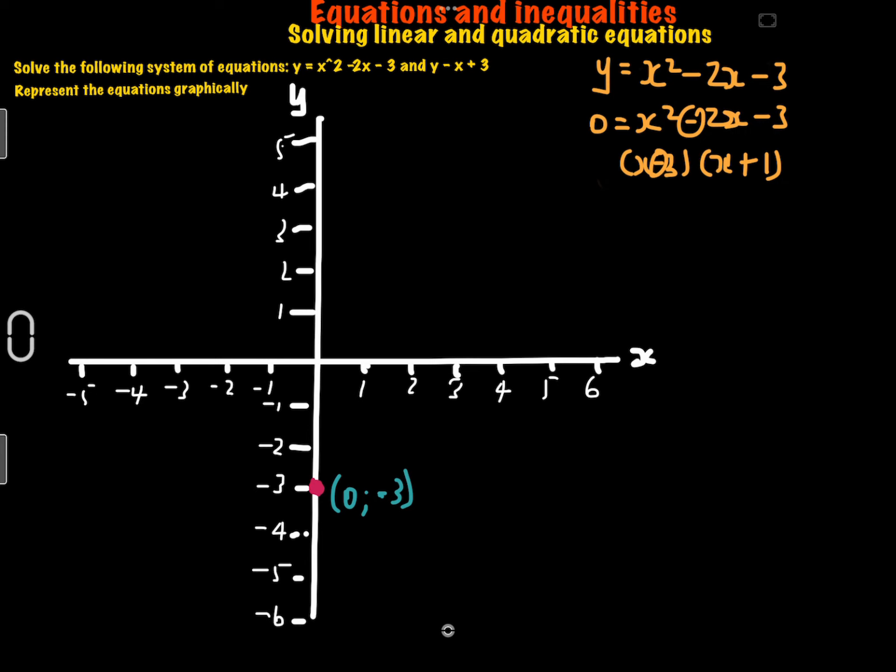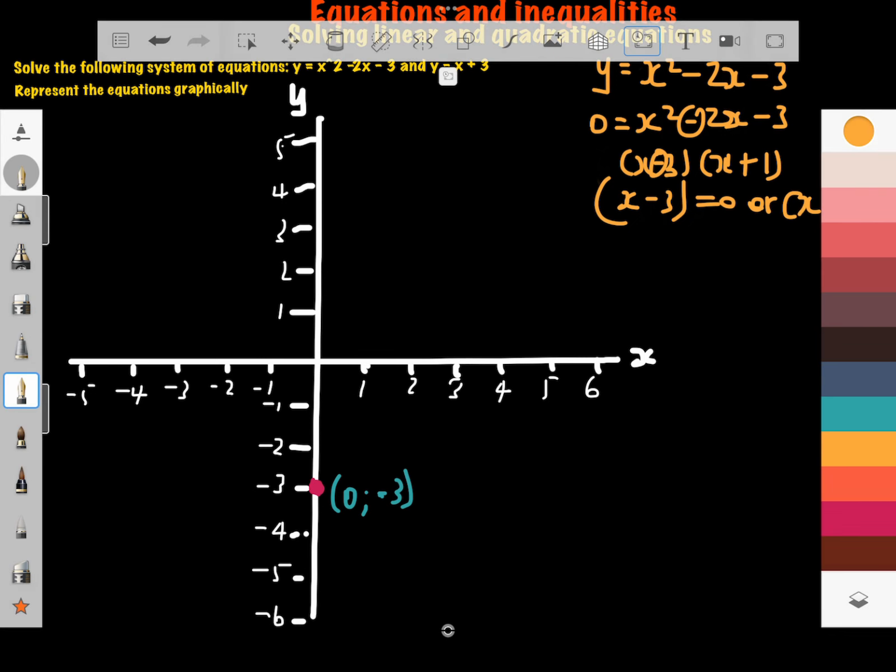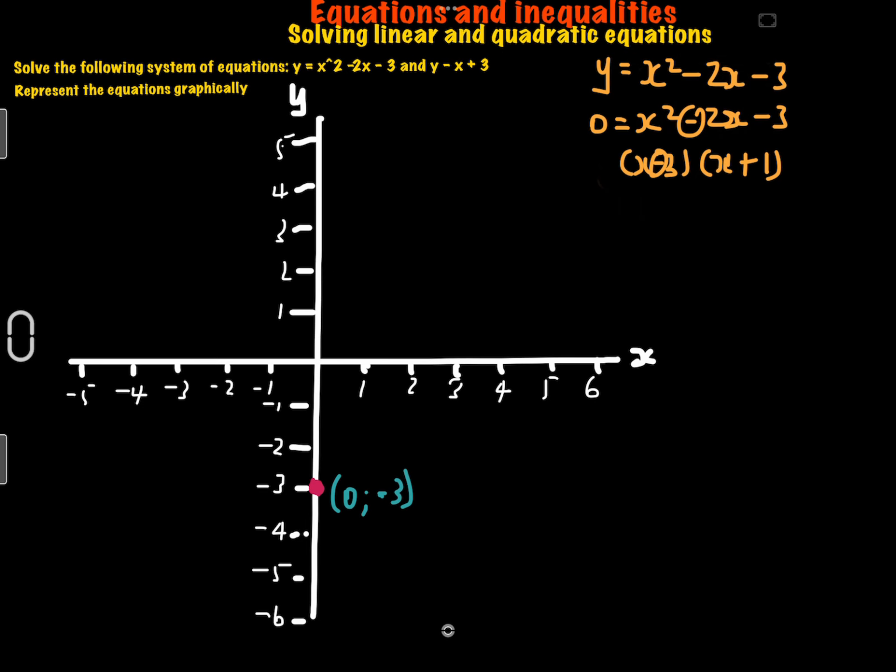Okay, so that means x - 3 = 0 or x + 1 = 0.